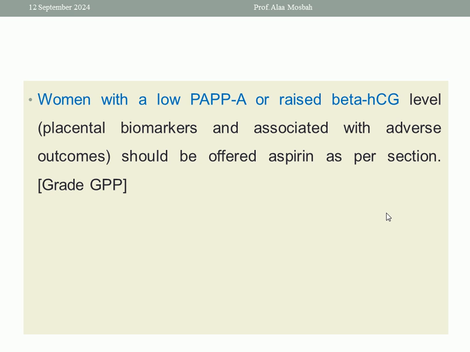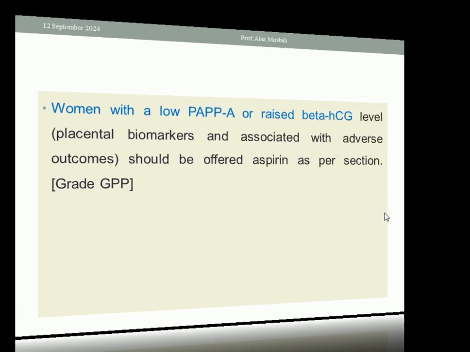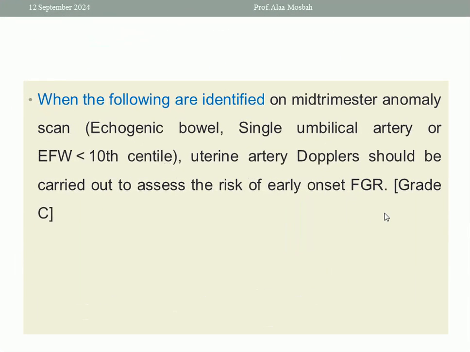Aspirin can be given at 150 milligrams per day. When the following are identified on mid-trimester anomaly scan, like echogenic bowel, single umbilical artery, or expected fetal weight less than the 10th centile, uterine artery Doppler should be carried out to assess the risk of early onset fetal growth restriction.